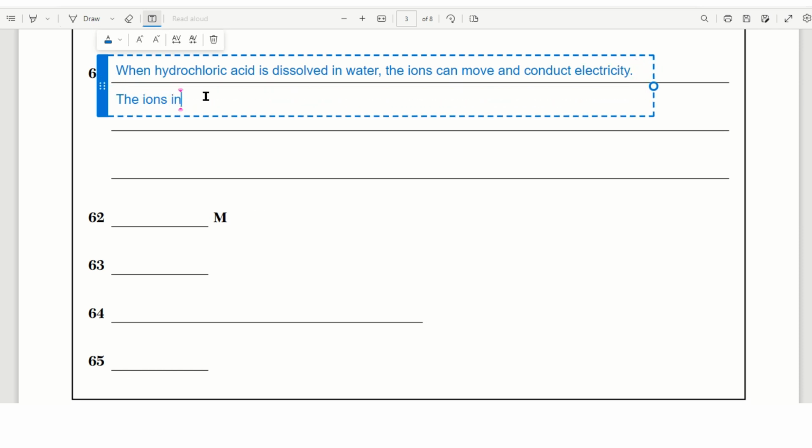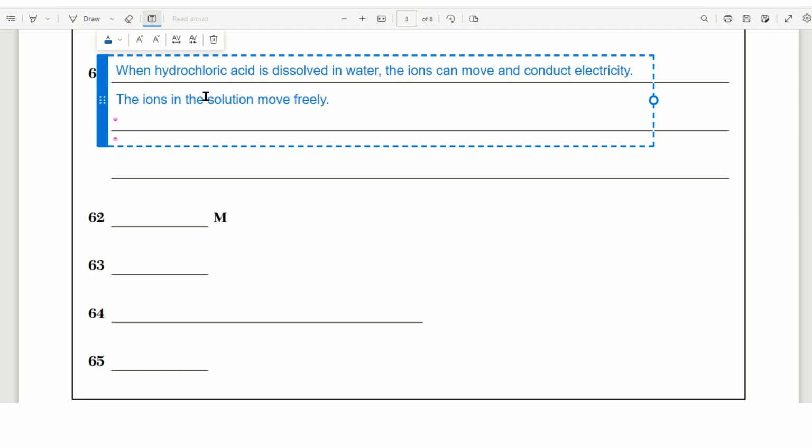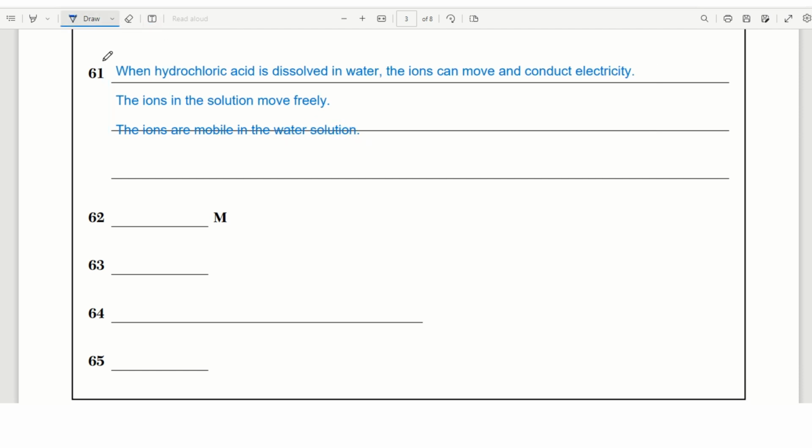The ions in the solution move freely. What else could you say? The ions are mobile in the water solution. Those are some sample answers. Again, one of these, not all of them. Okay.